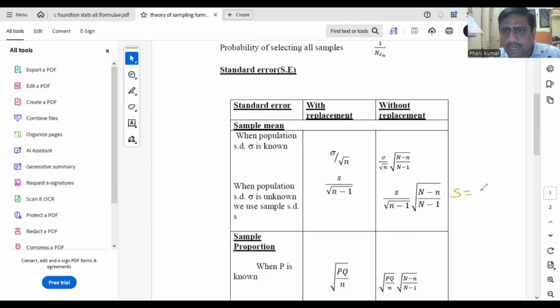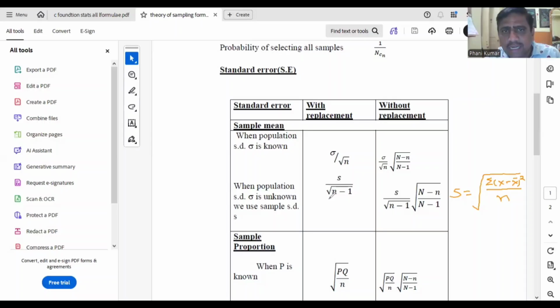It can be calculated by using the formula s equal to the square root of summation x minus x bar whole square, the sum of squares of the deviations from the mean, divided by n. This is the formula for SD, which you already know. So by using the same formula, you can compute the sample SD whenever population SD sigma is not known.